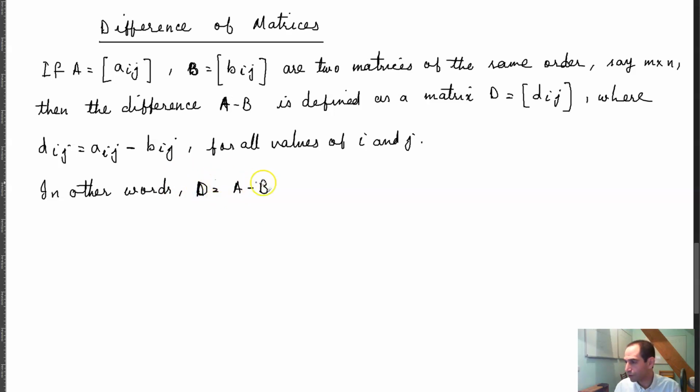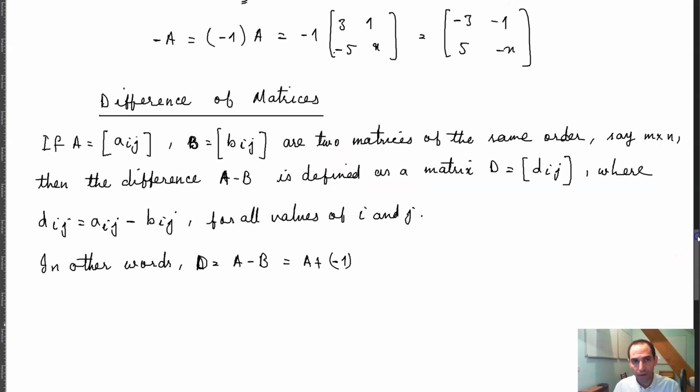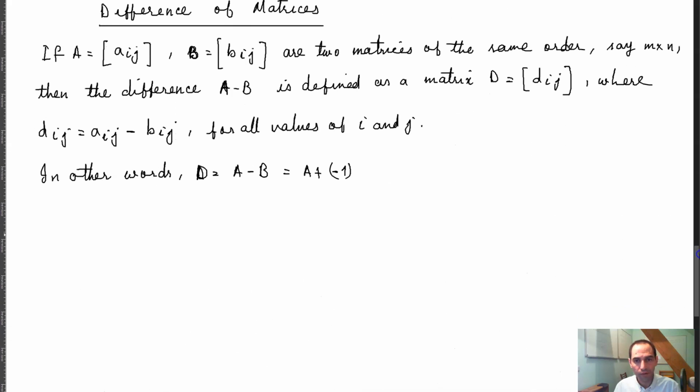D is equal to A minus B, which is equal to A plus negative 1 times B, meaning the negative of matrix B. Meaning that instead of subtracting B from A, you add the negative of B to A, right?